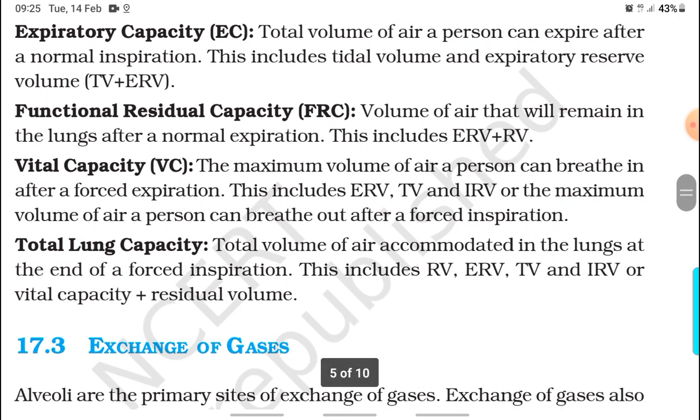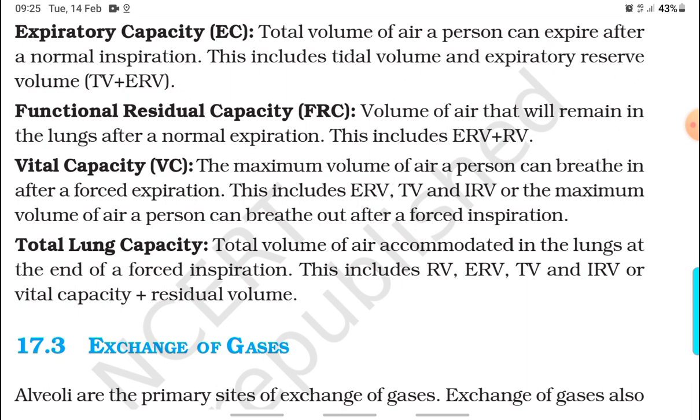Expiratory capacity or EC: the total volume of air a person can expire after a normal inspiration. This includes tidal volume and expiratory reserve volume, TV plus ERV. Functional residual capacity or FRC: the volume of air that will remain in the lungs after a normal expiration. This includes ERV plus RV.